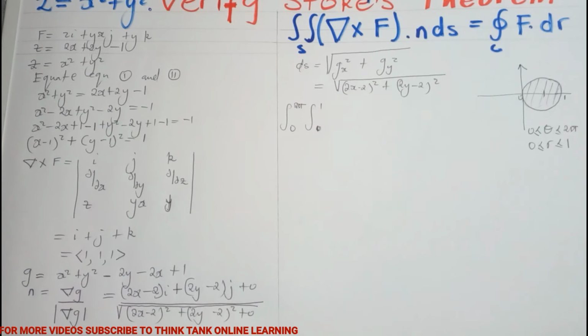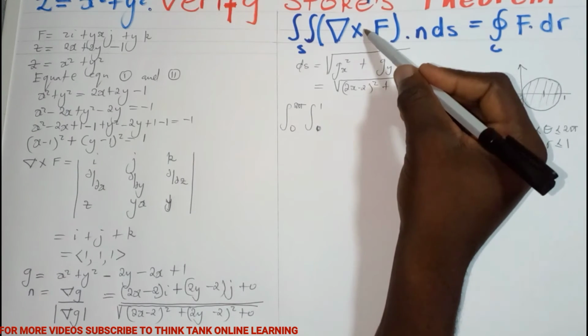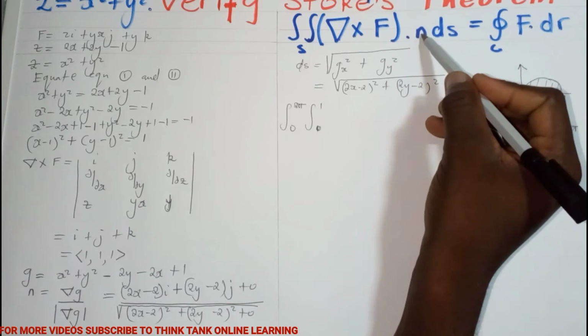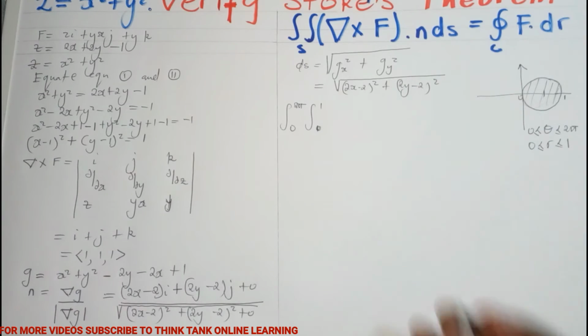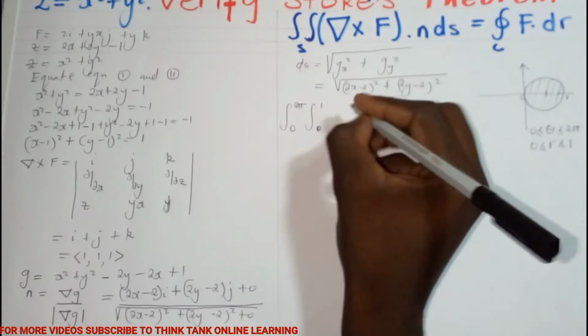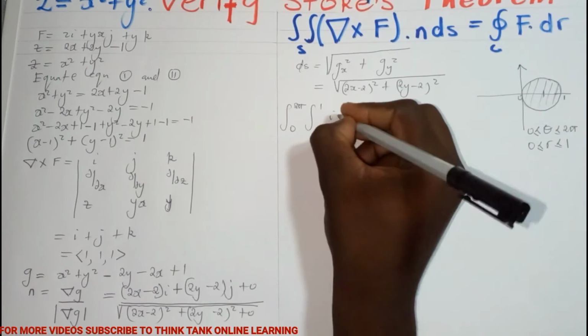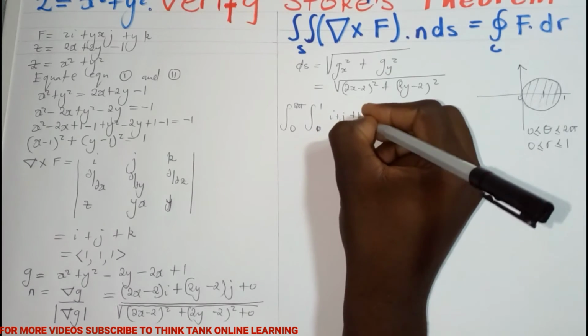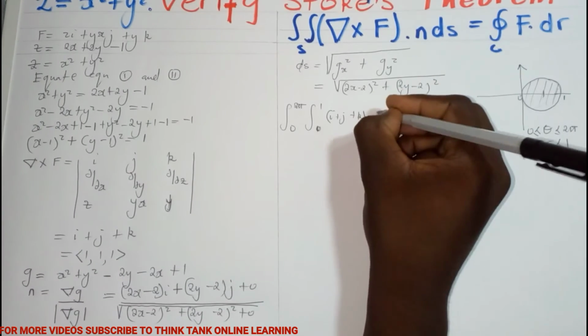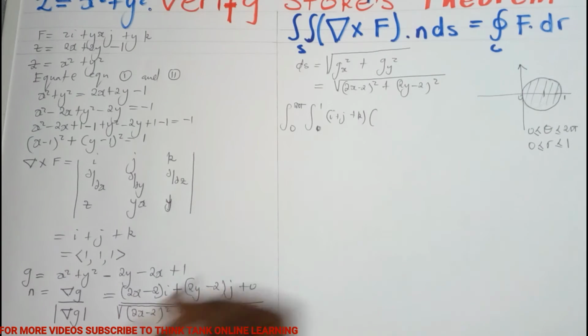Then what is the curl? This is the curl. It's a dot product of the curl and the normal vector. So the curl is i plus j plus k. What about the normal?